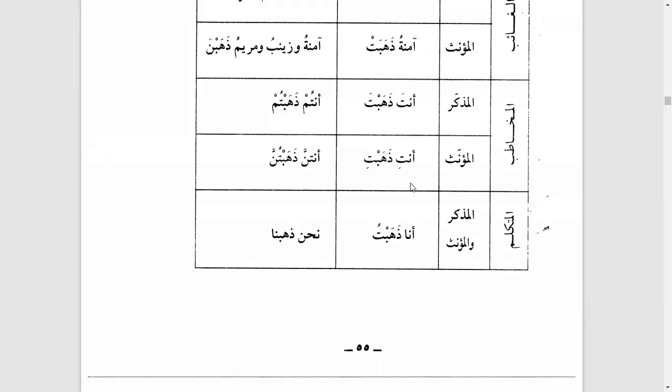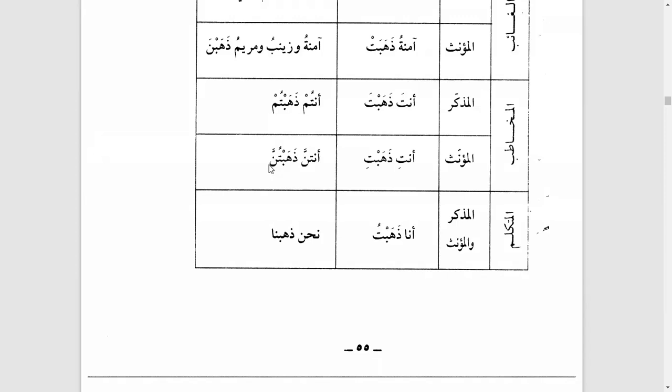Anti, dhahabti. The same here with antunna, dhahabtunna. Dhahaba is the verb. We know that the verb itself cannot be the predicate. It's basically the pronoun that is hidden inside it that is the predicate.